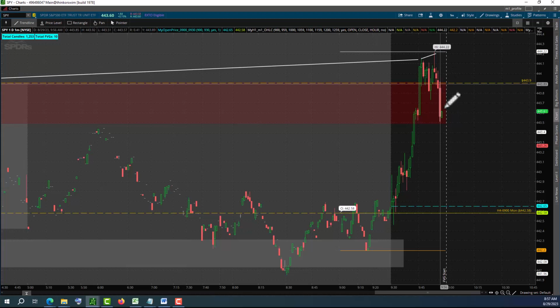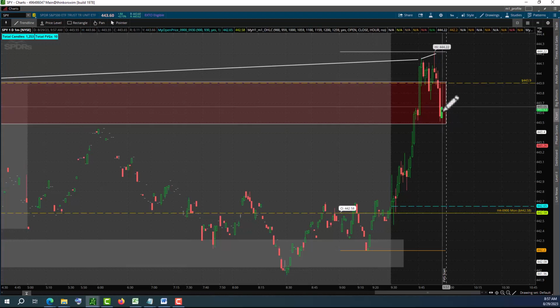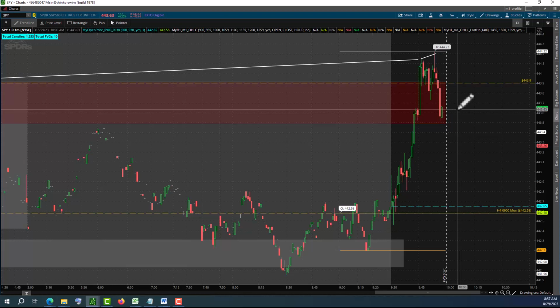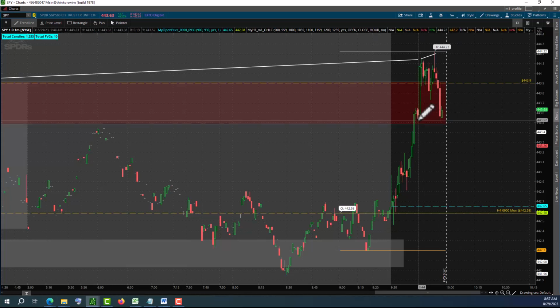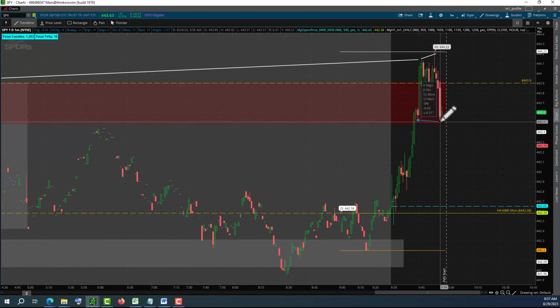You see the huge displacement down right there. And you see the sell side liquidity was taken right here, or raided right here.